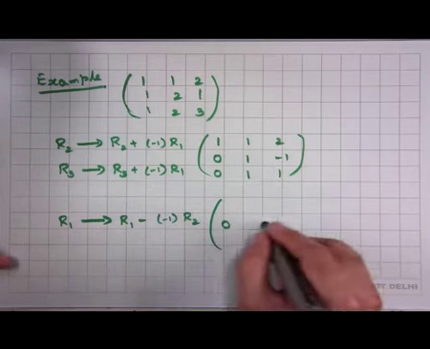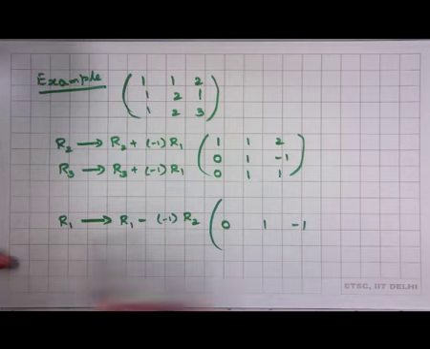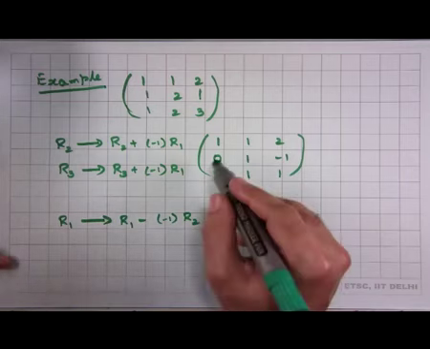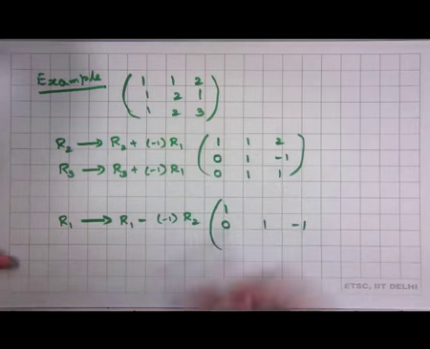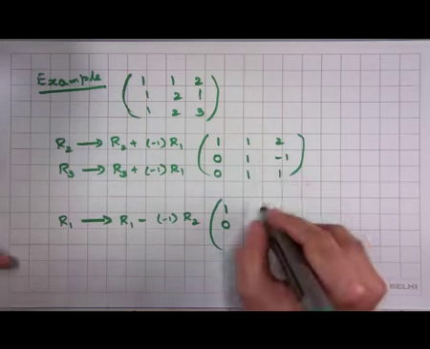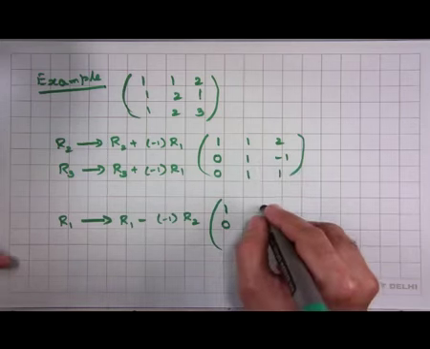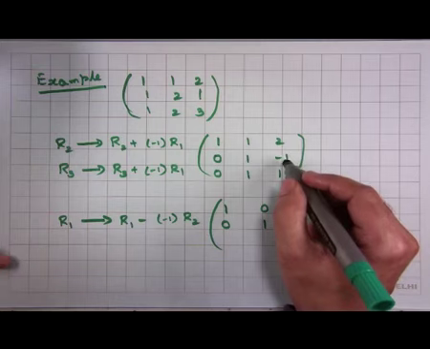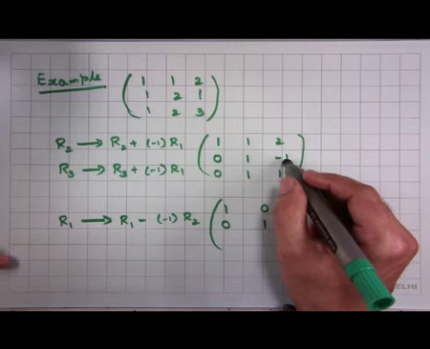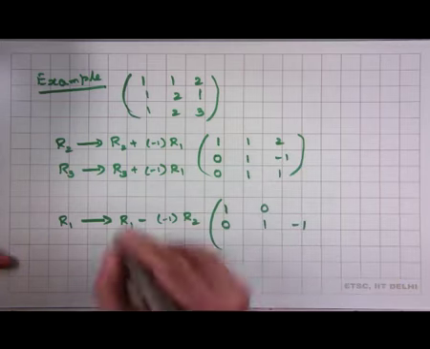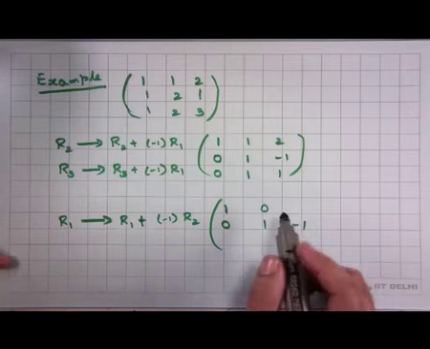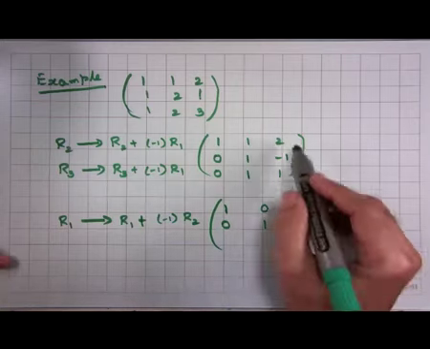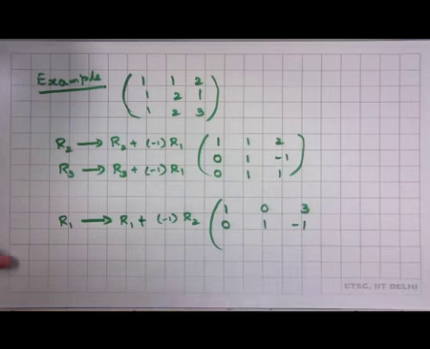I will have 0 1 minus 1 as it is. I am just converting R1: 1 minus minus 1 into 0 which is 1, 1 minus minus 1 into 1 which is 0, and 2 minus minus 1 into minus 1, sorry, it should be plus, 2 plus 1 which is 3.